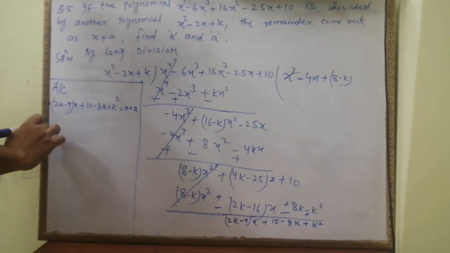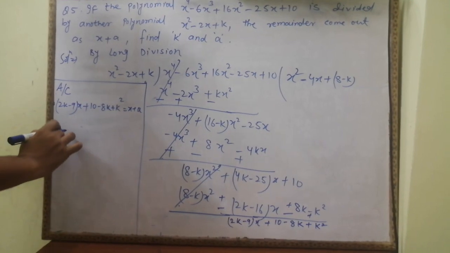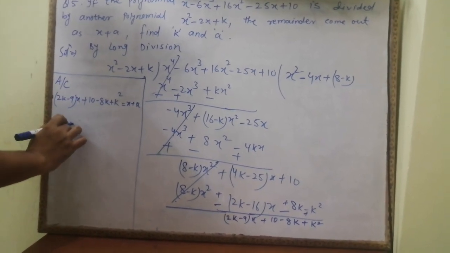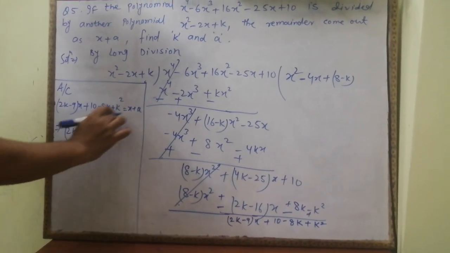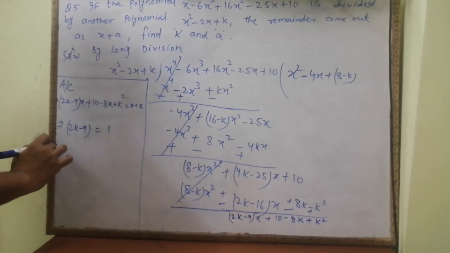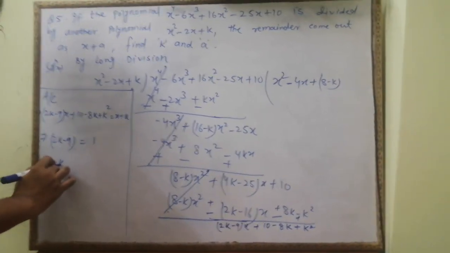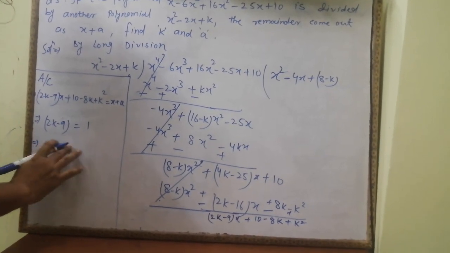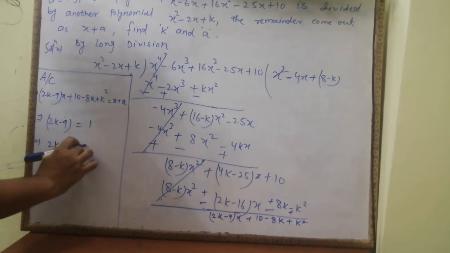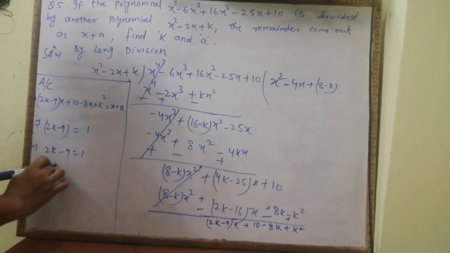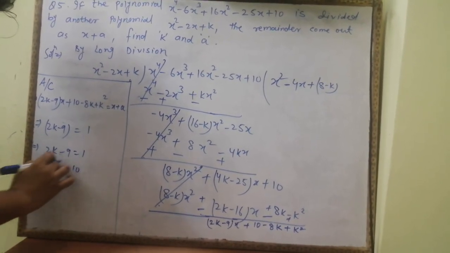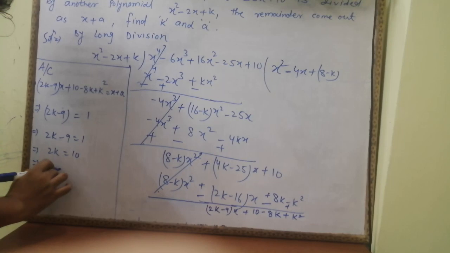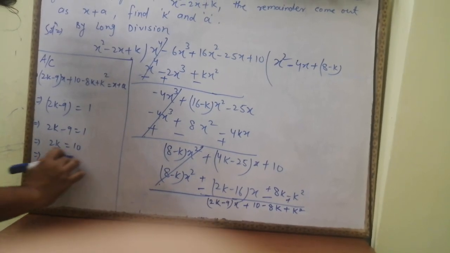Now compare the x terms on both sides. Here the coefficient of x is 2k minus 9 and here the coefficient of x is 1. So 2k minus 9 is equal to 1, 2k is equal to 10, 1 plus 9 is 10, then k is equal to 5.